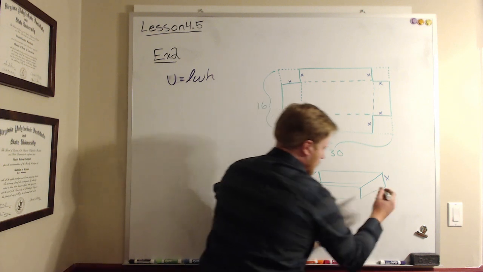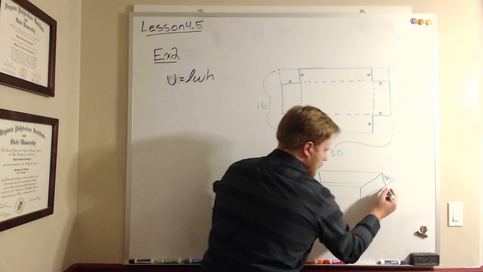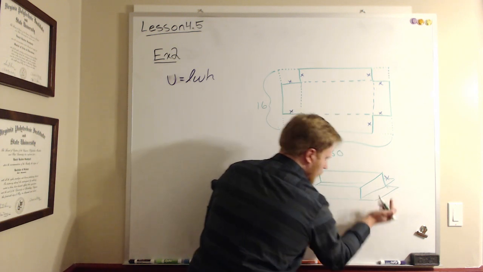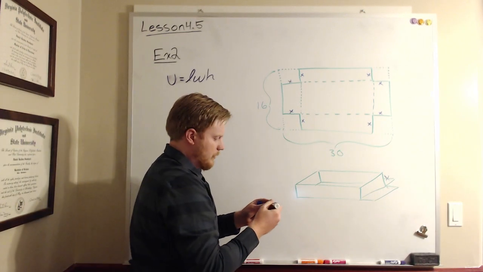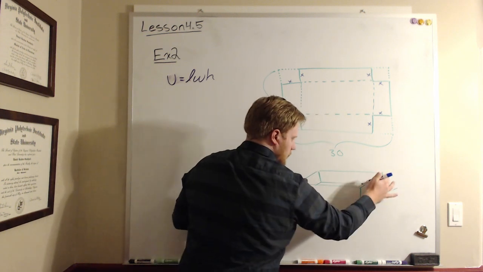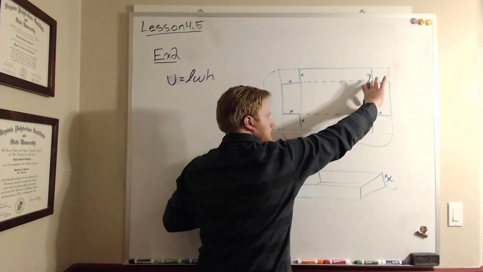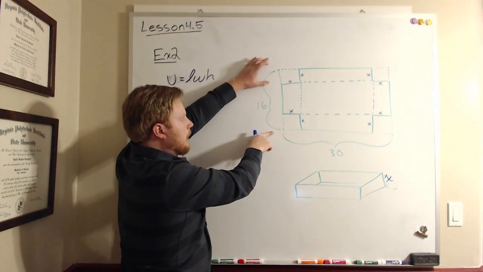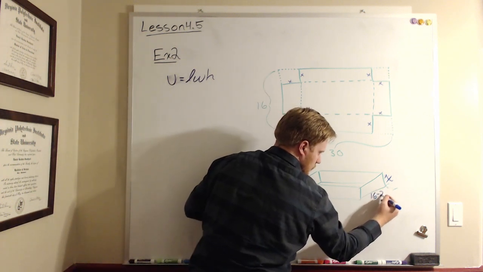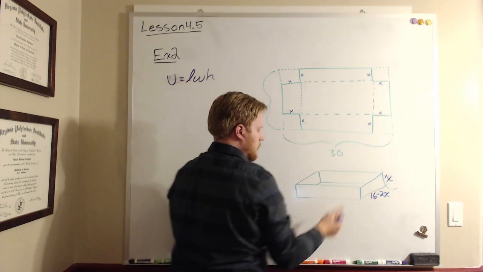Because all I've done here is taken this back flap, which used to be laying flat like that, right? I folded that up and I folded that up to create the box, okay? So the height is x, okay? The width here is this, which is 16 minus 2 x's. And the length here is 30 minus 2 x's.